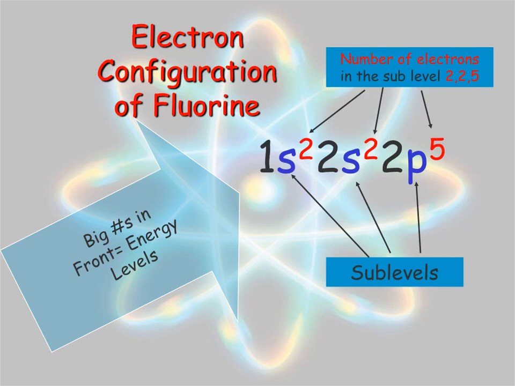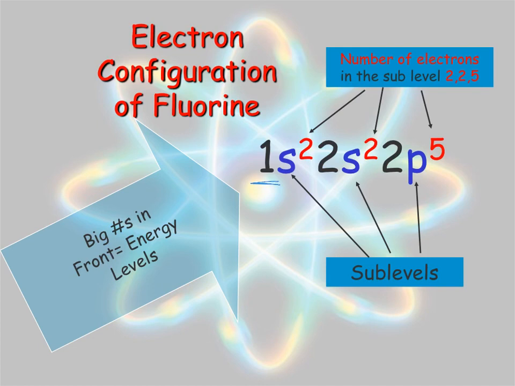Okay, so this kind of leads us to what we're trying to do here. We want to be able to describe where all of the electrons in a particular atom are, down to the energy level and then down to the sublevel, which means the orbital. So I want to know how many do I have in that orbital in that energy level.